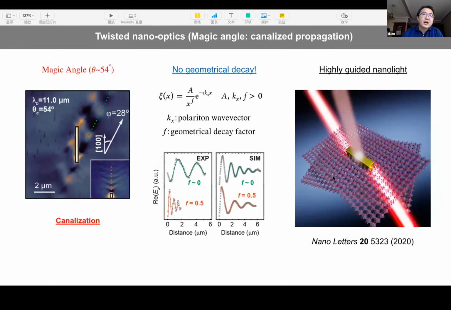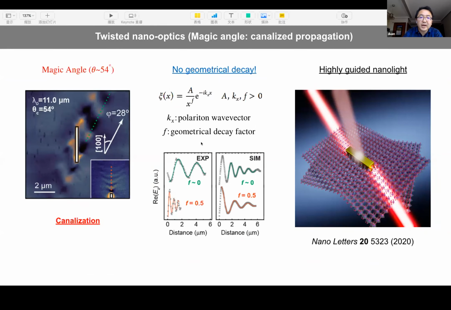Another important thing I want to show you: because we know this is in the canalization regime of the phonon polaritons, there should not be geometrical decay of the propagation in this regime. So we extract the line profile of the canalized phonon polaritons and also the common phonon polaritons.